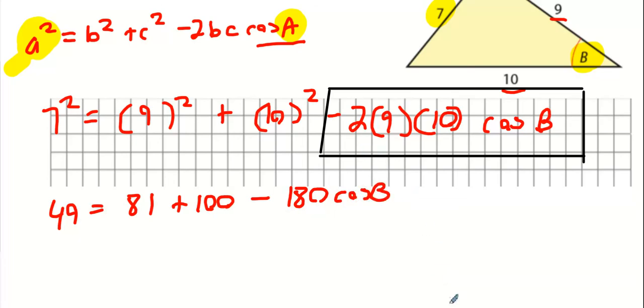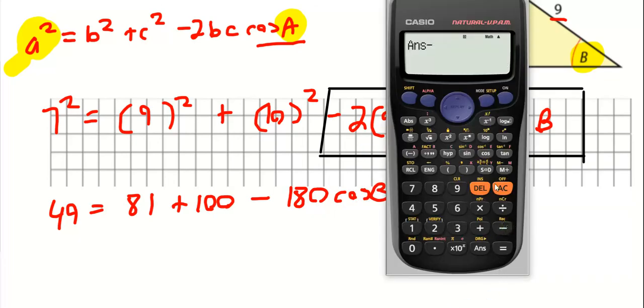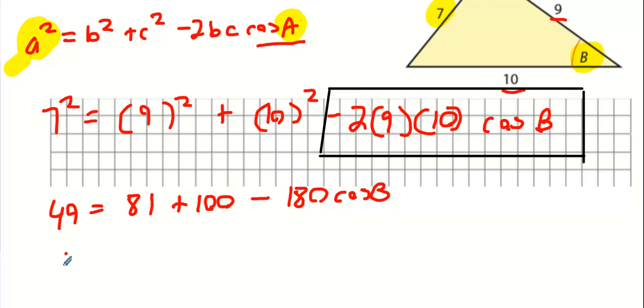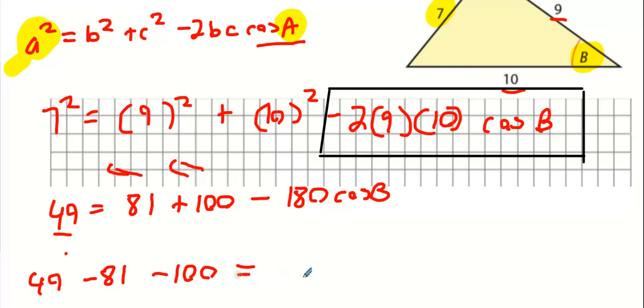So I multiplied this out using minus 2 times 9 times 10, so minus 180. Okay, so now this 49, bring the 81 and the 100 to the left. They were on the right hand side, now they're on the left hand side, and that will equal 180 cos b.